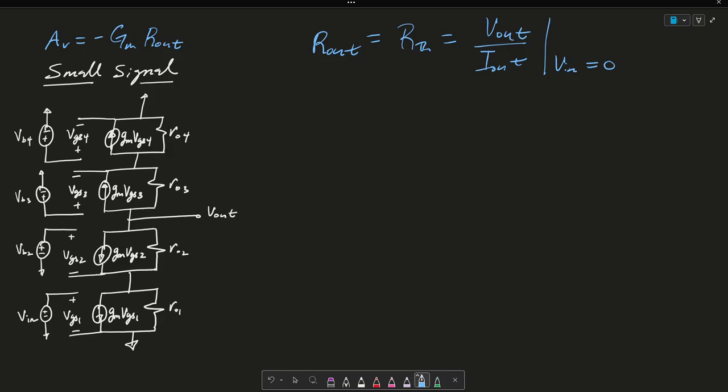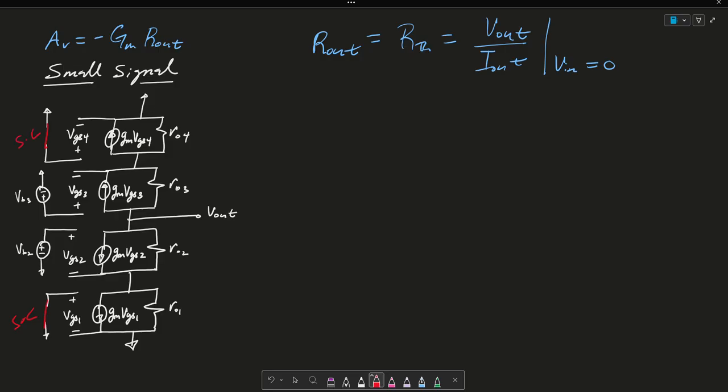Again, we've done this in the past, but what we can say here is, let's go ahead and short circuit this to 0. Okay. And this is a bias voltage, so this VB4 is also short circuited to 0.